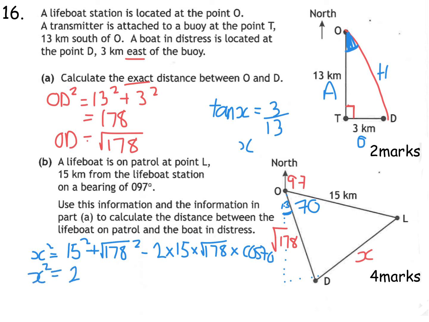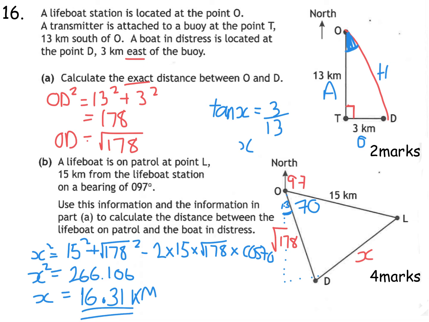And that gives me 266.106. I then square root that, and it gives me an answer of 16.31 to 2 decimal places. So that is the distance in kilometres between the two boats.